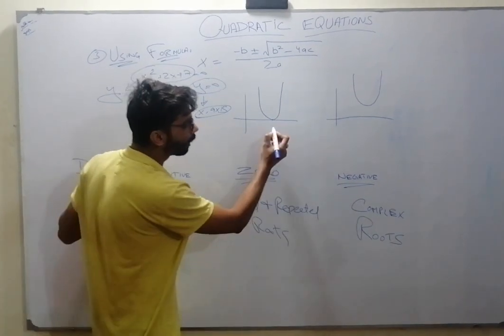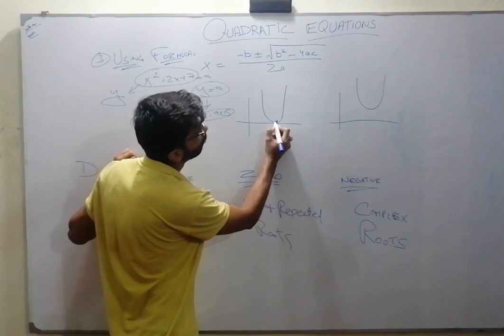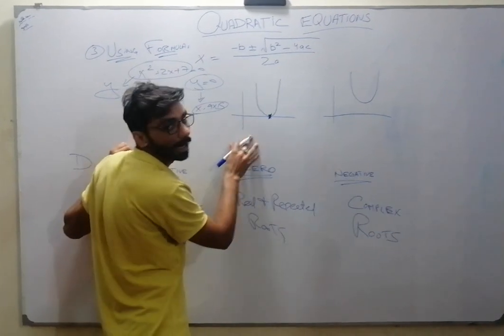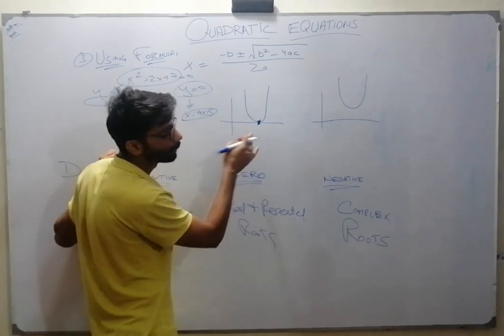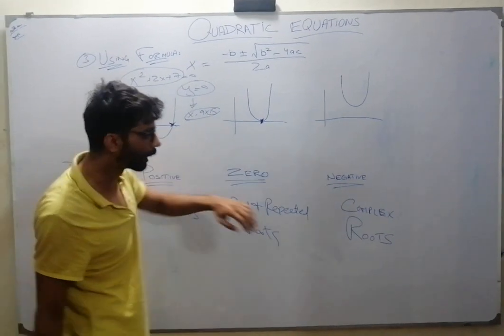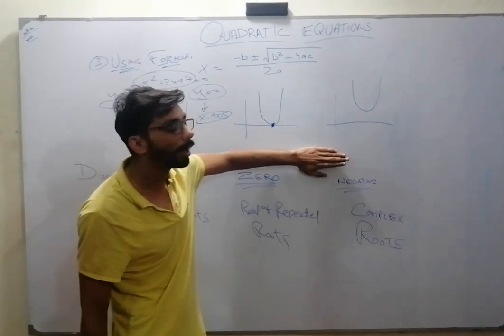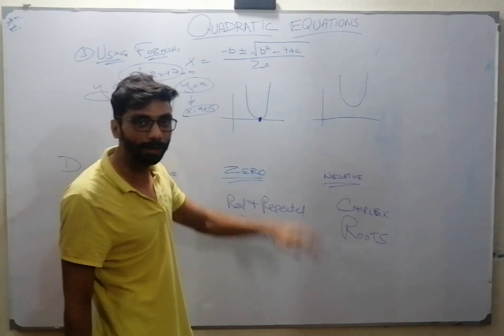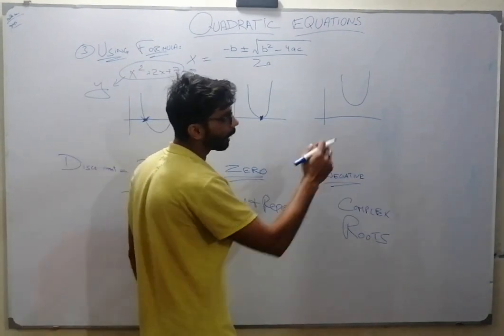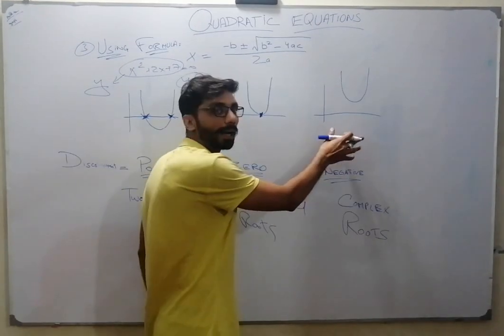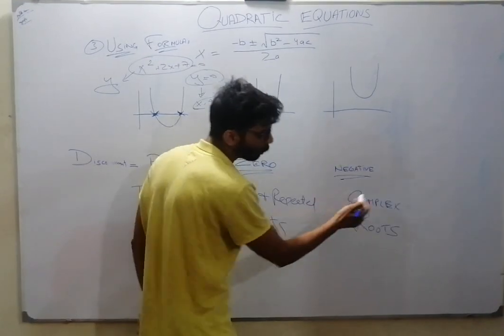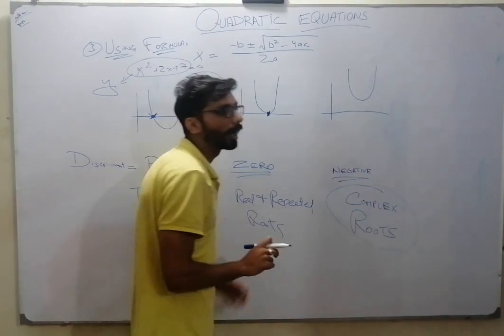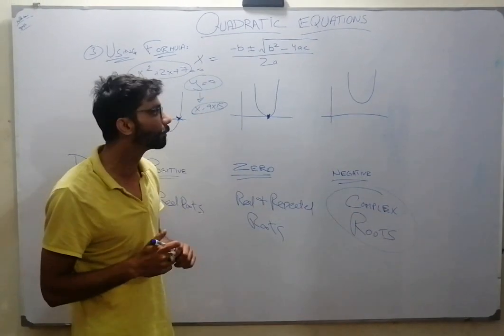That means our curve will be cutting the x-axis at only 1 point as shown in this graph. And for the third portion, negative. If we are getting a negative answer for the discriminant, that means our graph won't be cutting the x-axis in any case. That is why we are writing it as complex roots.